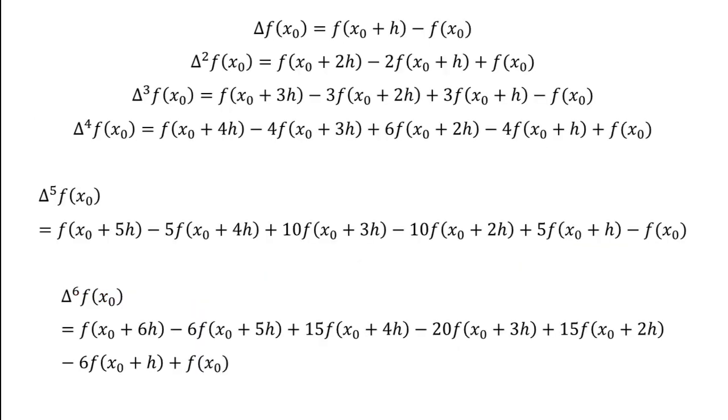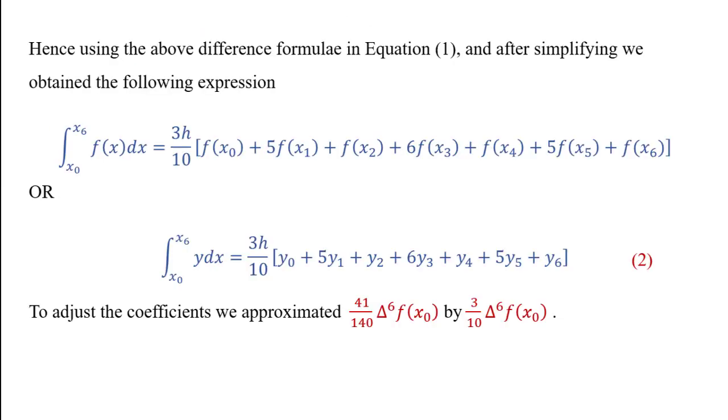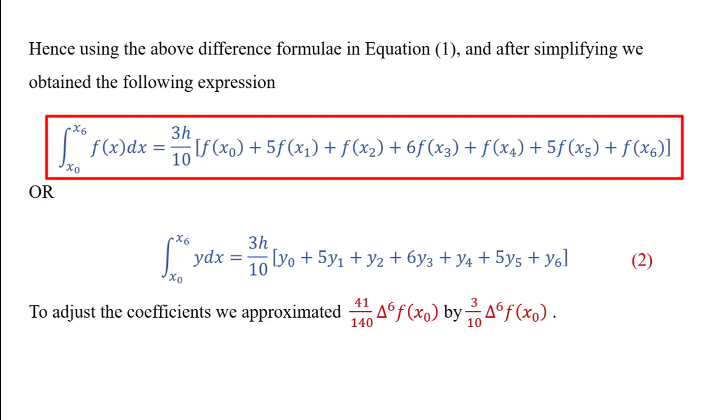After replacing these Newton's forward difference formulas, delta f of x0, delta square f of x0, similarly the third order difference formula, we get the integral of f of x dx from x0 to x6 equal to 3h/10 times [f(x0) + 5f(x1) + f(x2) + 6f(x3) + f(x4) + 5f(x5) + f(x6)].